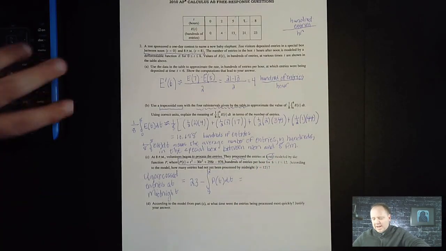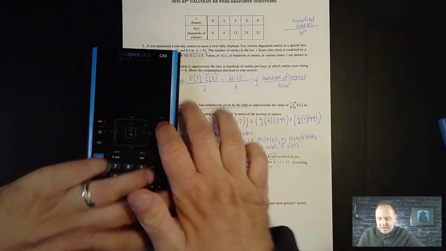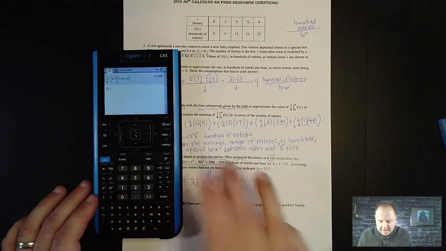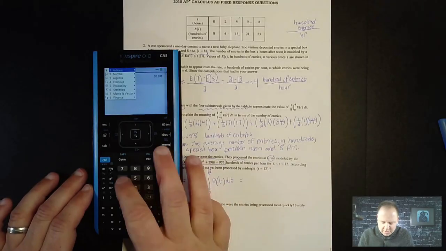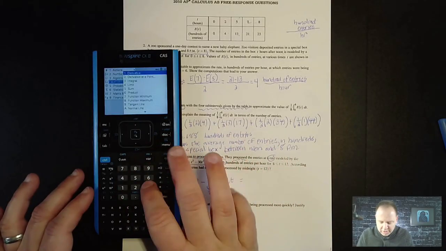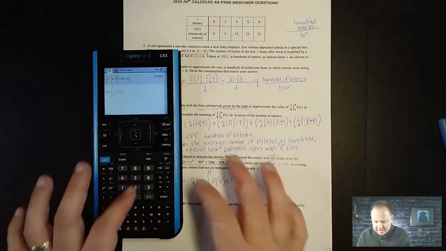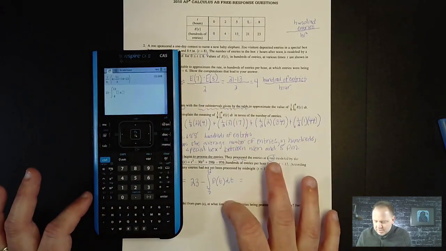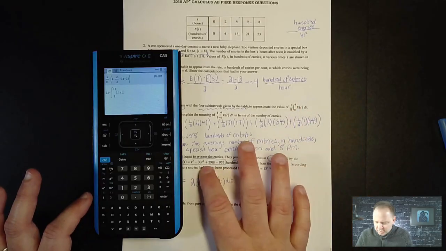And let's see where we're at. So let's use our calculator on this. That would be 23 minus, menu, calculus. You would go integral, and you would go from 8 to 12. P of t, just be careful when you plug this in.